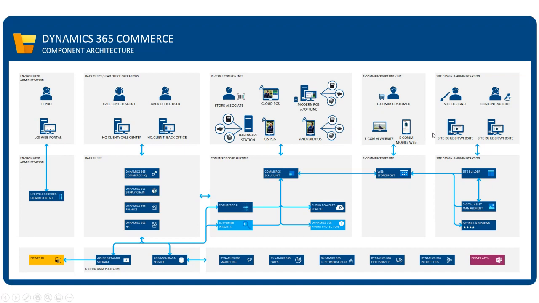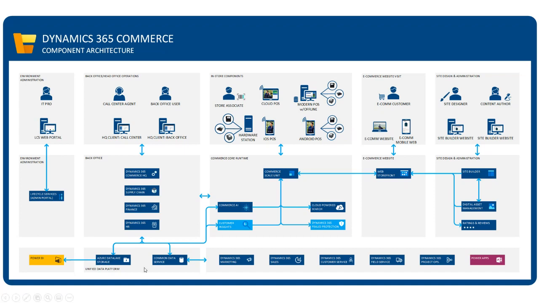And finally, your e-commerce website visitors, they are able to visit your e-commerce website. And the e-commerce website has a front end, which renders all of the assets and artifacts for a consumer. And it has a backing by the commerce scale unit for rendering, master and transactional data, and the processing of business logic operations.